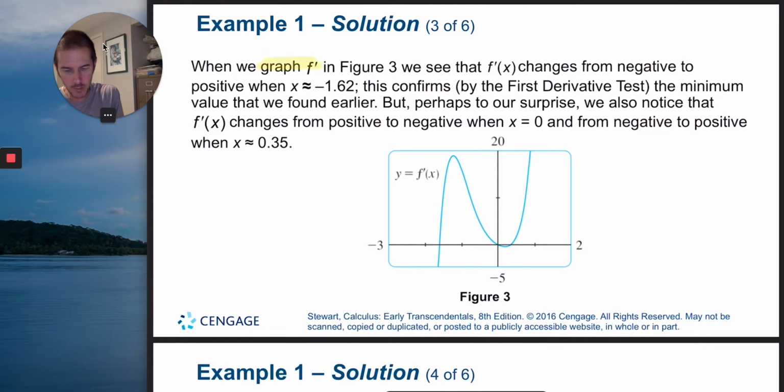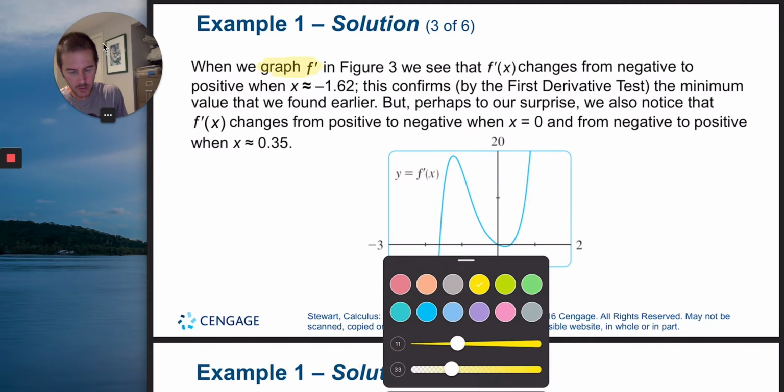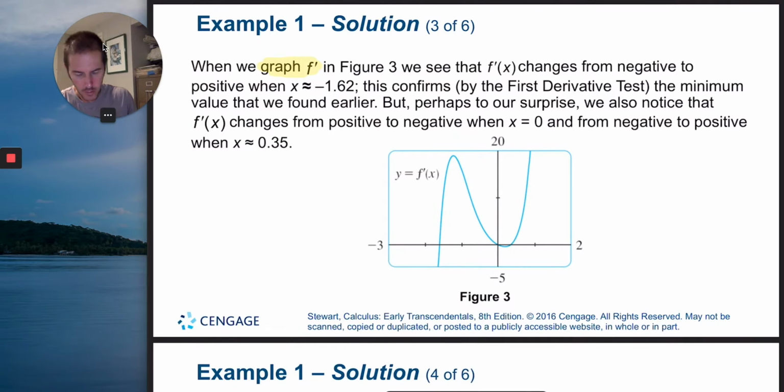Here, a similar investigation is done, except it's done visually, graphically, by taking the graph of the first derivative, right? We're graphing f prime here. And instead of setting f prime equal to 0, in the graph, we can go and look and see where does the graph of f prime have a y value of 0. In other words, where are the x-intercepts?